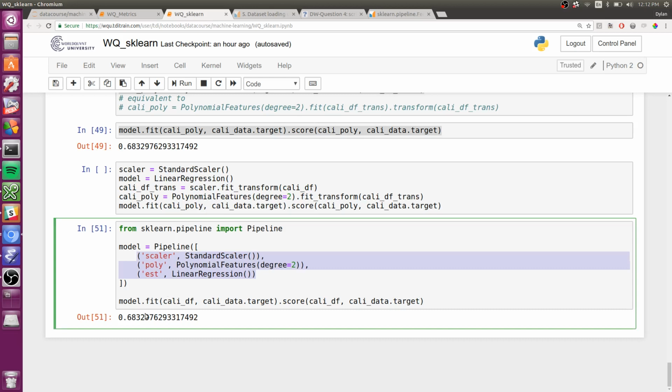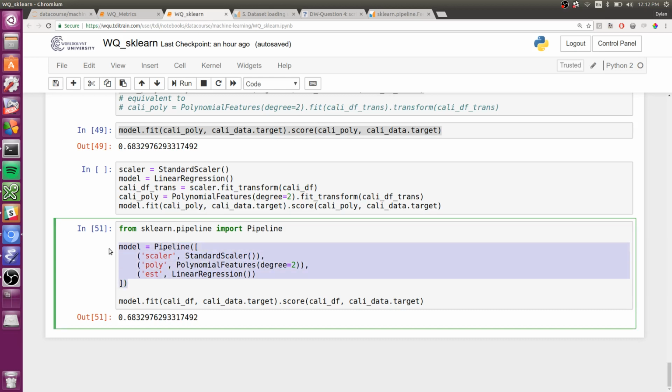But pipelines are very simple, very easy to use, and are very handy for packaging up all the steps of a model into one scikit-learn object.